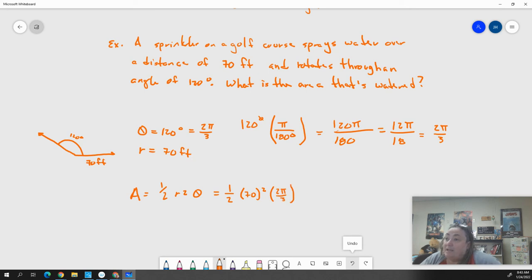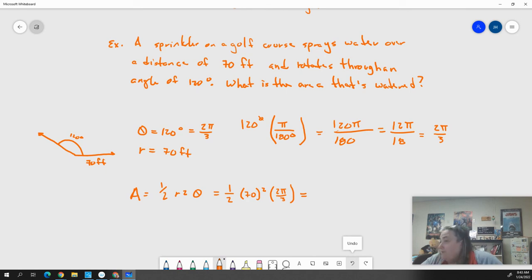Do we do this in our heads? Heck no, we do this on our calculators. Break it up into pieces if you have to. But this is calculator math. Nobody expects you to be able to do this in your head, right? Once you plug it into your calculator, I do the tops first.